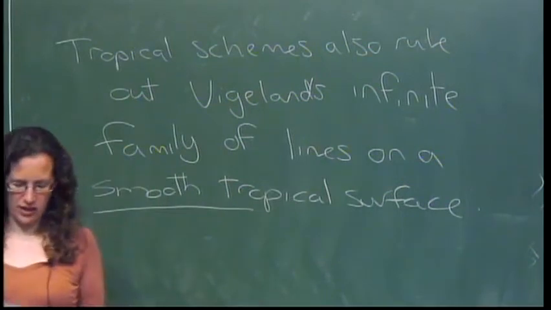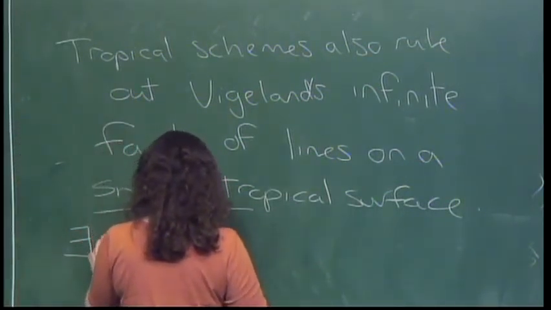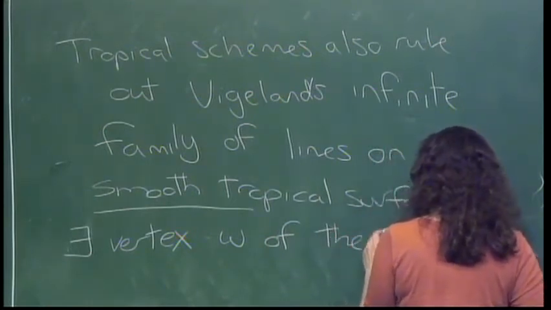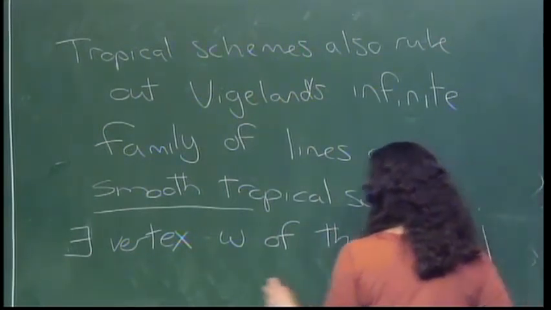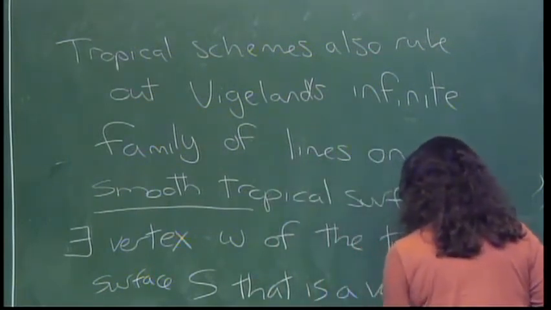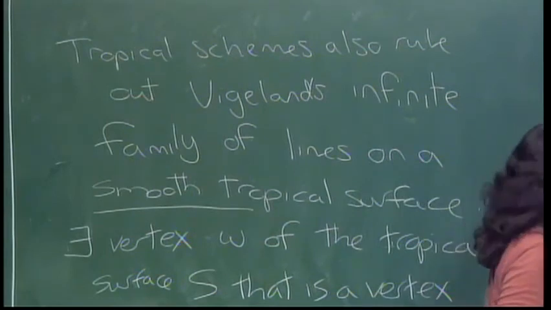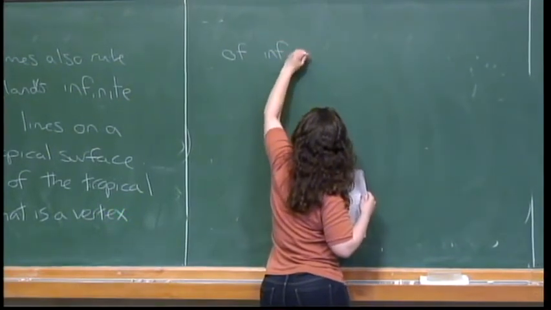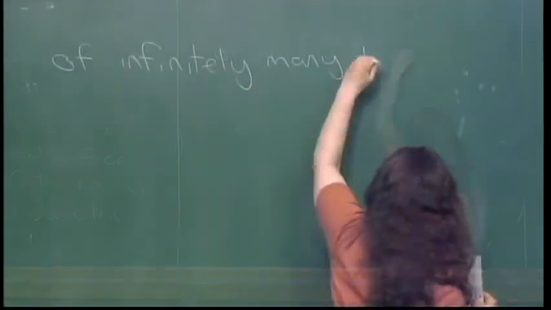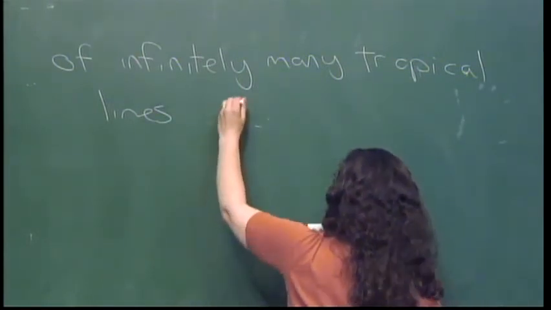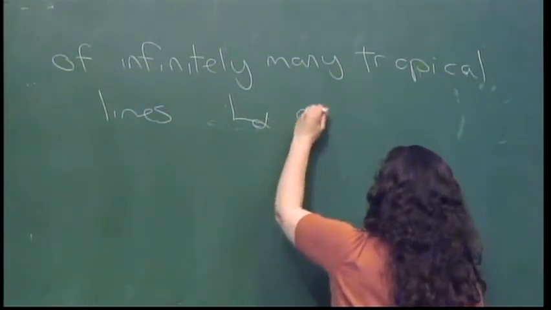If you look at Vigeland's construction, we see there is a vertex W of the tropical surface S that is a vertex of infinitely many tropical lines contained in the tropical surface. Let's call them L alpha contained in S.